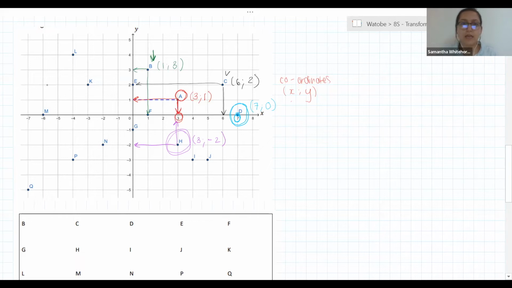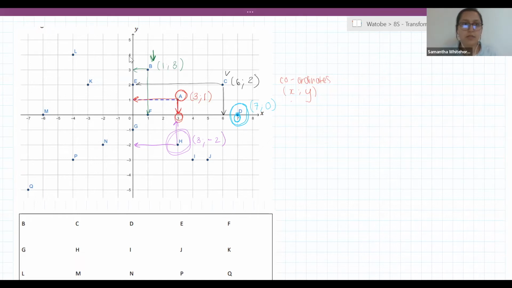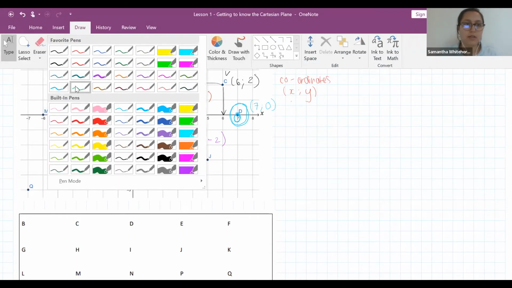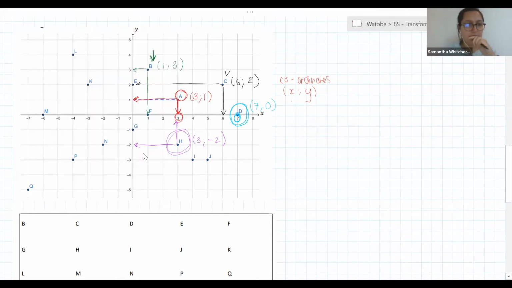Okay, let's try another one. Who wants to give me, let me just get another color here. Who wants to give me the coordinate of Q? Zalama, tell me.